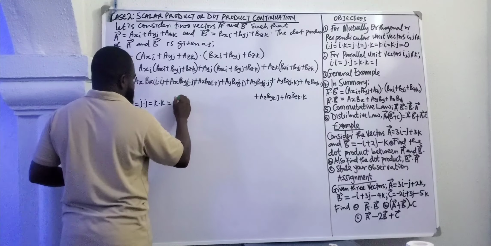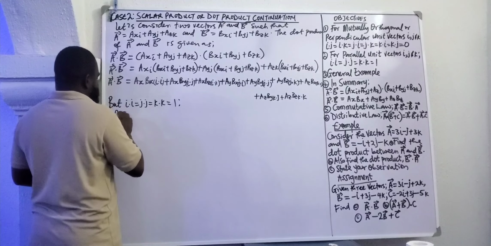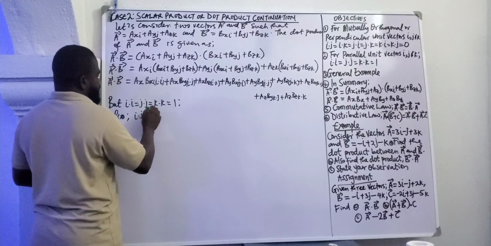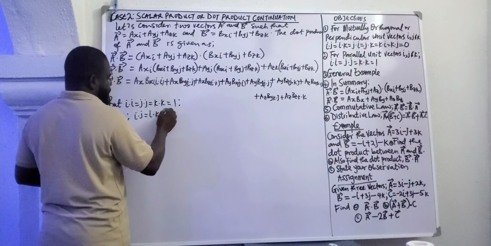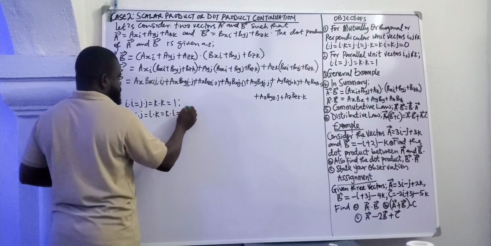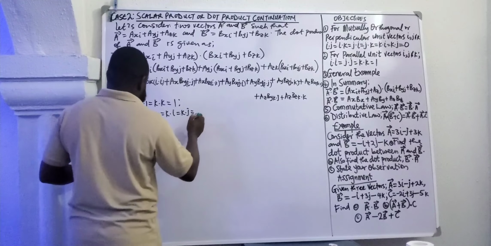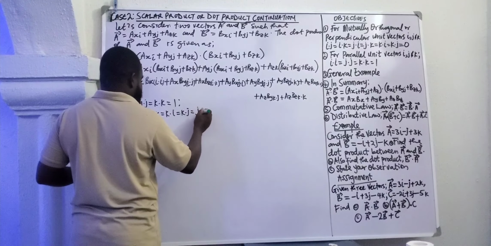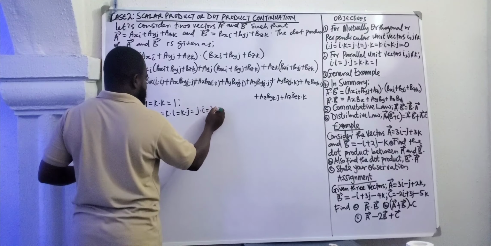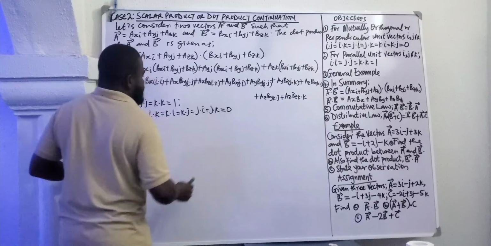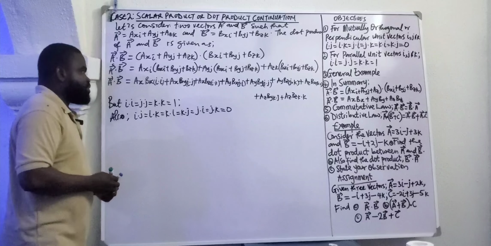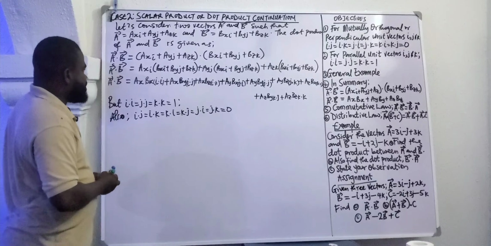Also, we said I dot J, I dot K, K dot I, K dot J, and then J dot I and J dot K, they are all equal to what? 0. So anywhere I have these perpendicular unit vectors dotting each other, I will put 0.